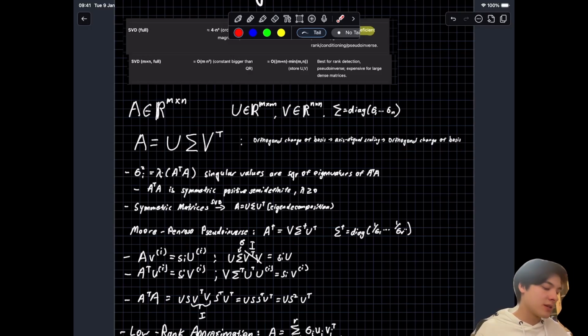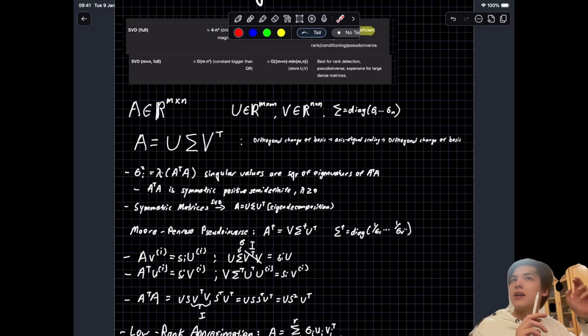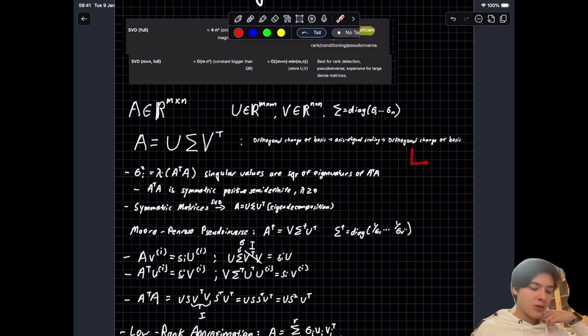What this means is we rotate, using the eigenvectors of A transpose A, so that they align to our normal xyz bases.